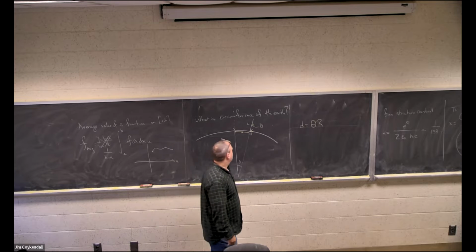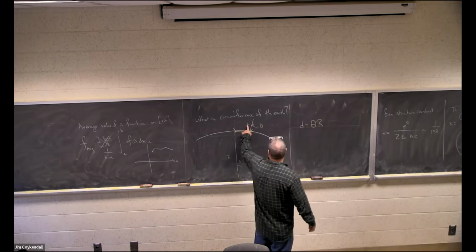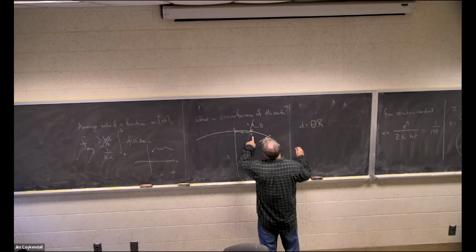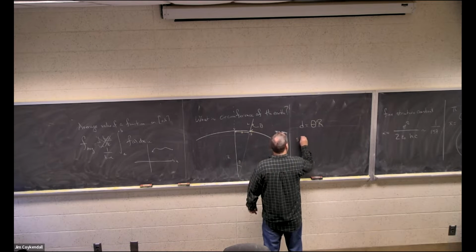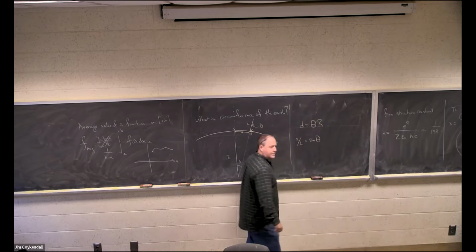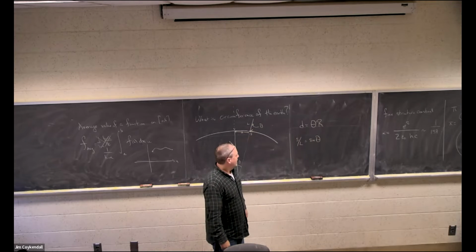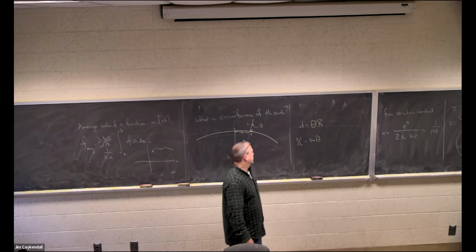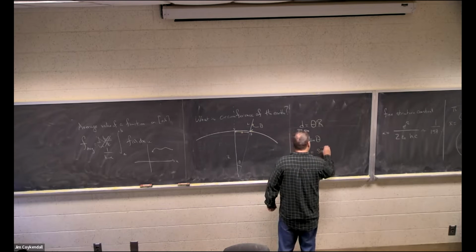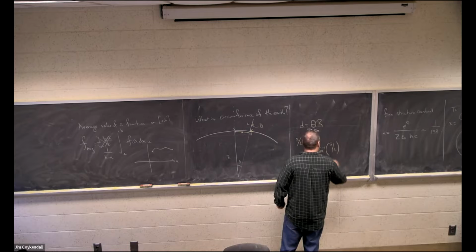But he also has another trick because he knows that S over L is equal to the sine of theta. Right? So he knows what theta is. In fact, theta is equal to the inverse sine of S over L.